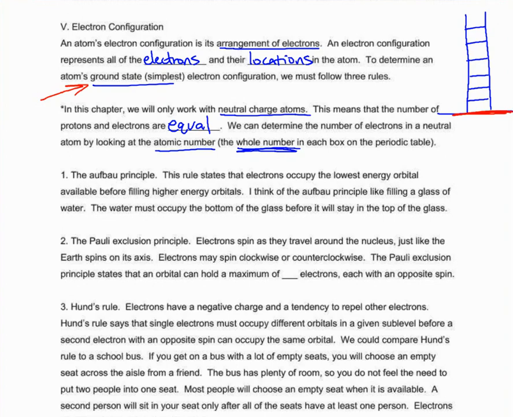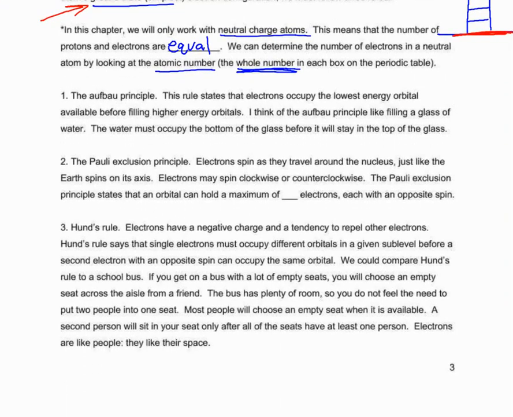So when we talk about making an atom's ground state, there's really 3 ideas, and I'm going to go through them just for familiarity's sake, and it'll make it a little bit easier when we represent the electron configurations. There are 3 rules. The first one is called the Aufbau principle. Aufbau is a German word.